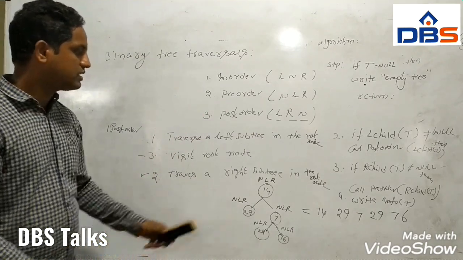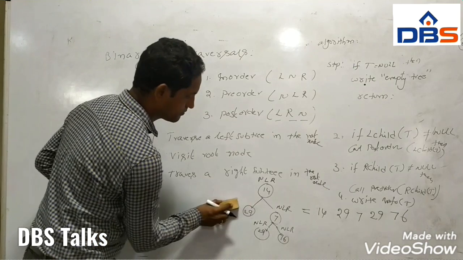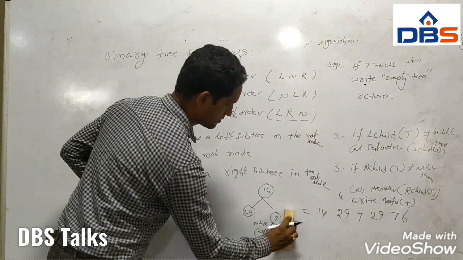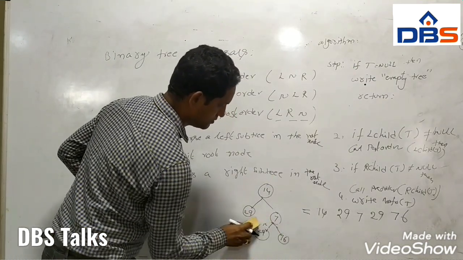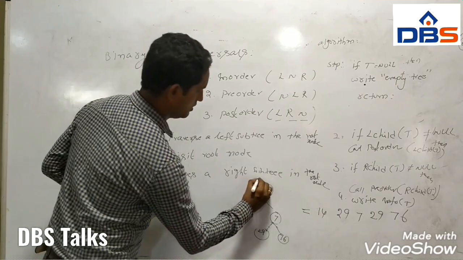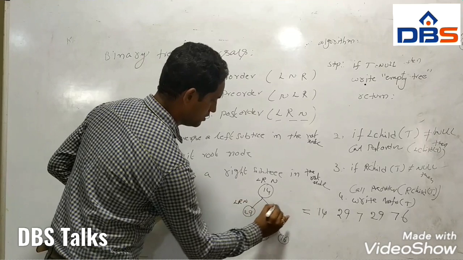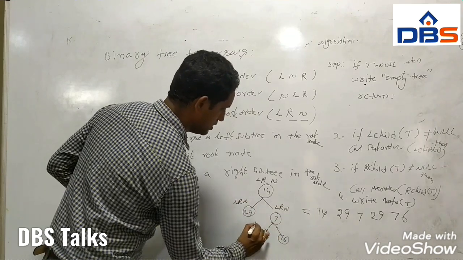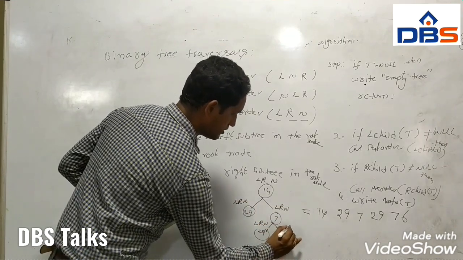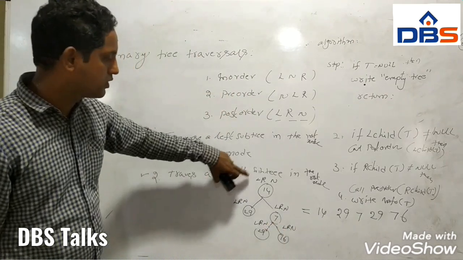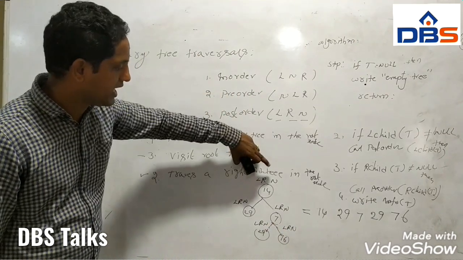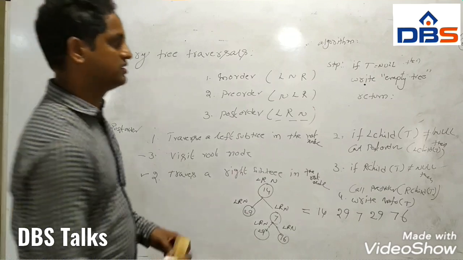Okay. Now we go for the same example. Left, right, node. First of all we go for the left, then go for the right, then go for the root node.